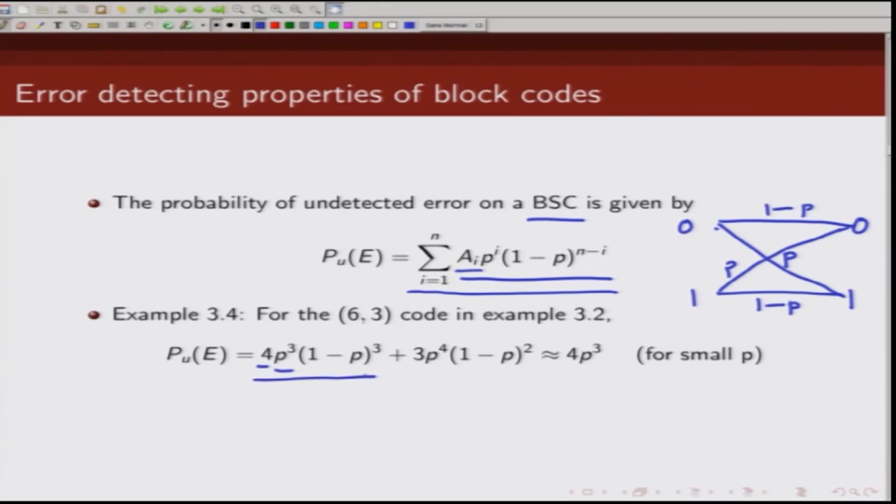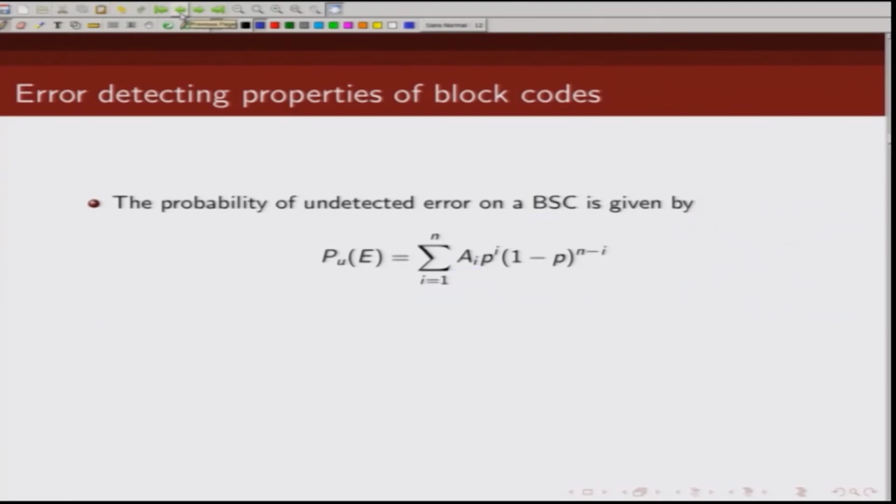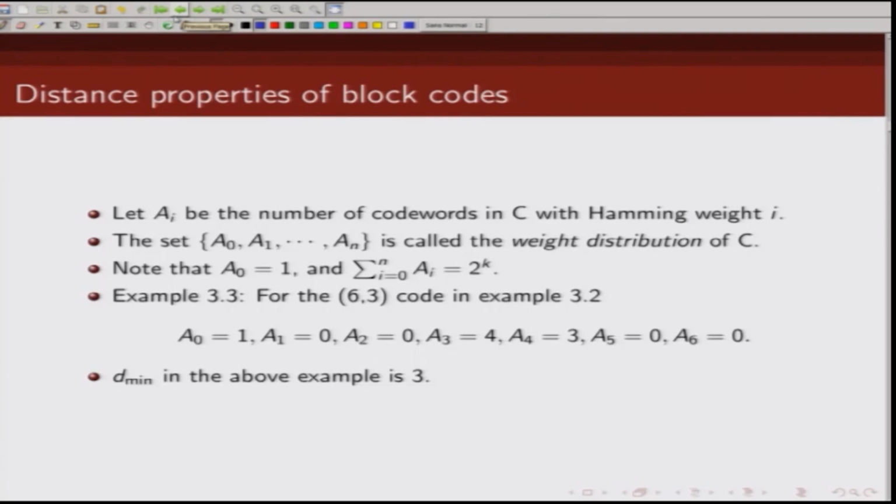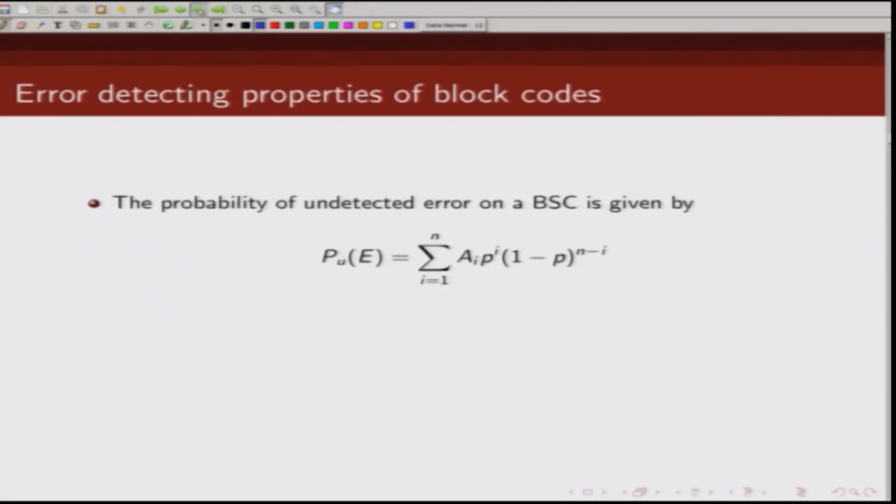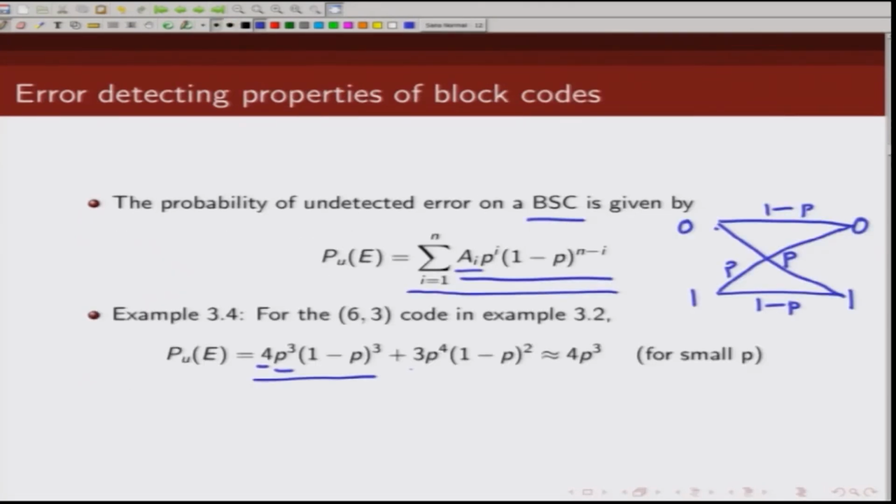The next term corresponds to the code words of weight 4: there are 3 of them, the probability of 4 bits getting flipped is p raised to power 4, and the probability of the other 2 bits not getting flipped is 1 minus p whole squared.